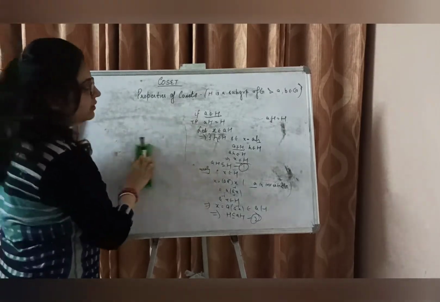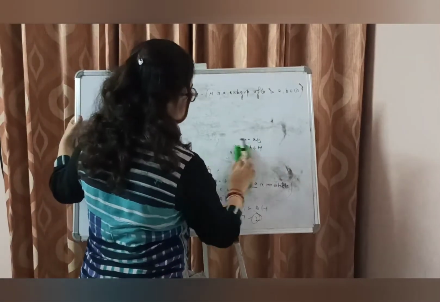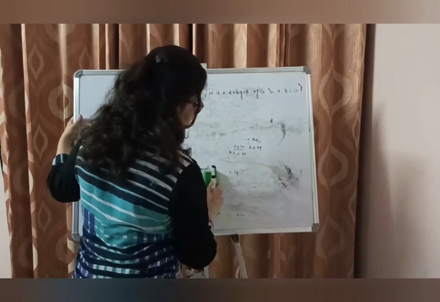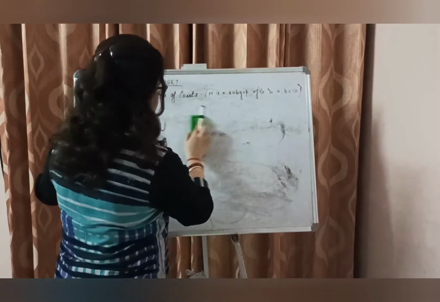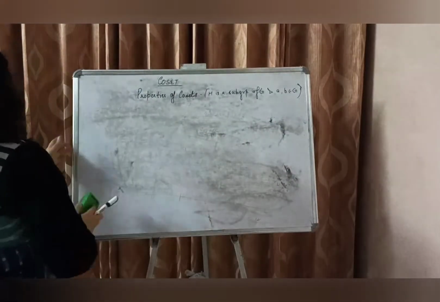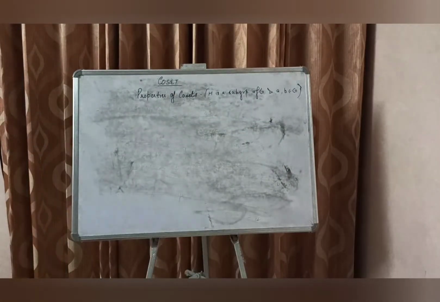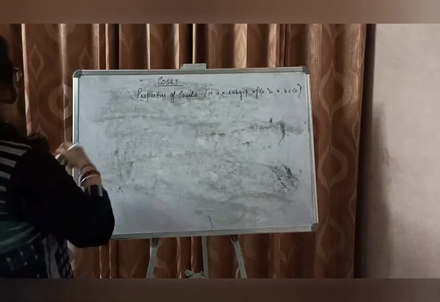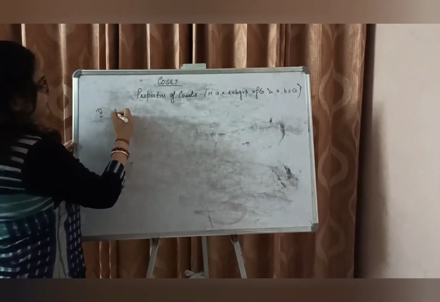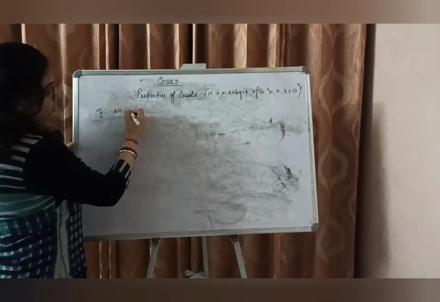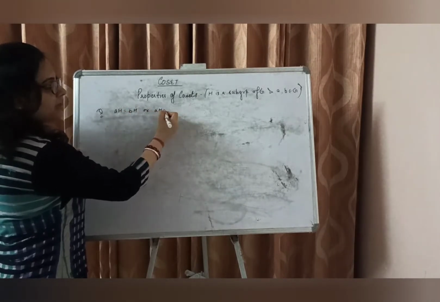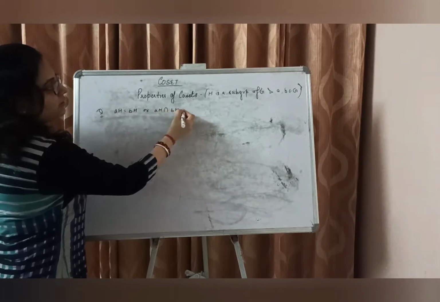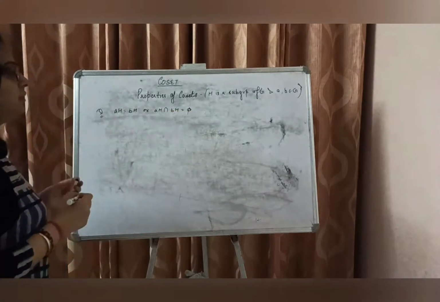Now, the third property is very interesting. AH is equal to BH or AH intersection BH is empty.